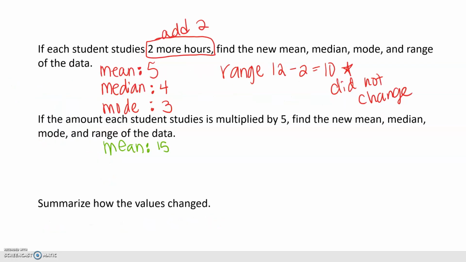We said multiply all of the data values by 5, and we ended up with 15 as our new mean. So we're taking all of these measures of tendency and multiplying by 5. So mean is now 15. Median is now 10. It was originally 2. Mode originally was 1, so 1 times 5 gets me 5.